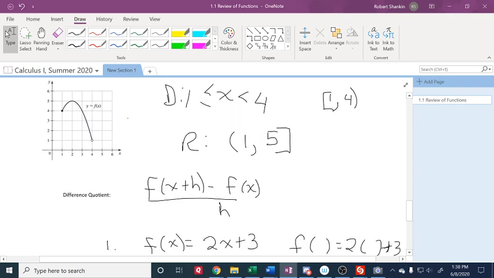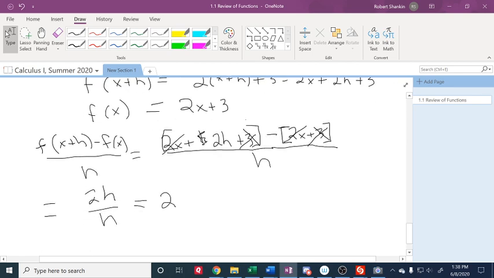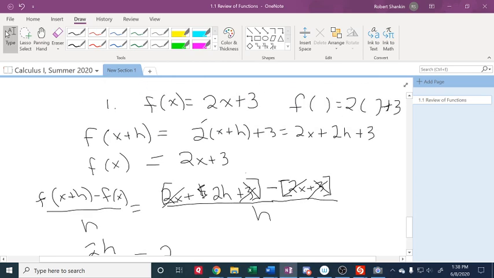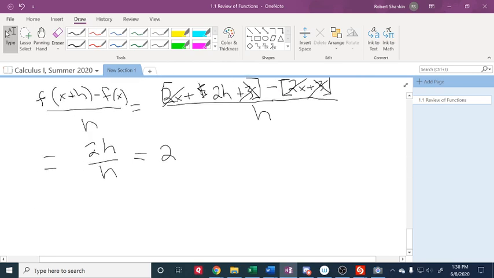And when we do it with a more complex function, number 2. Suppose my function f of x is x squared minus 1.